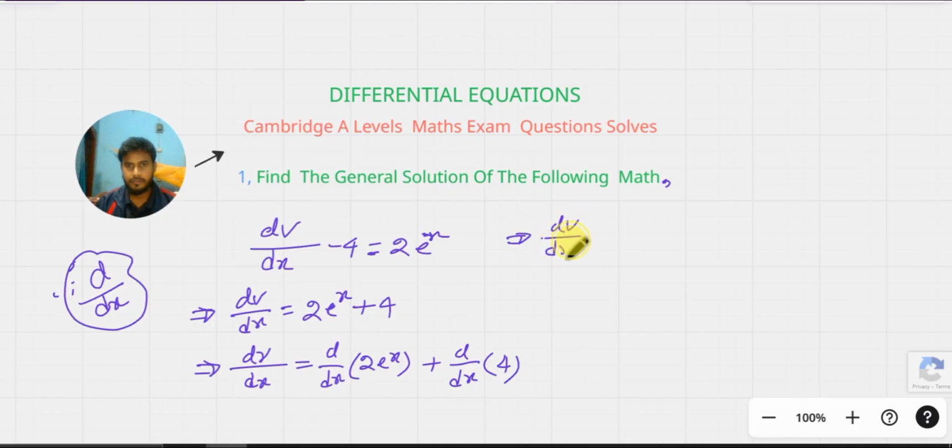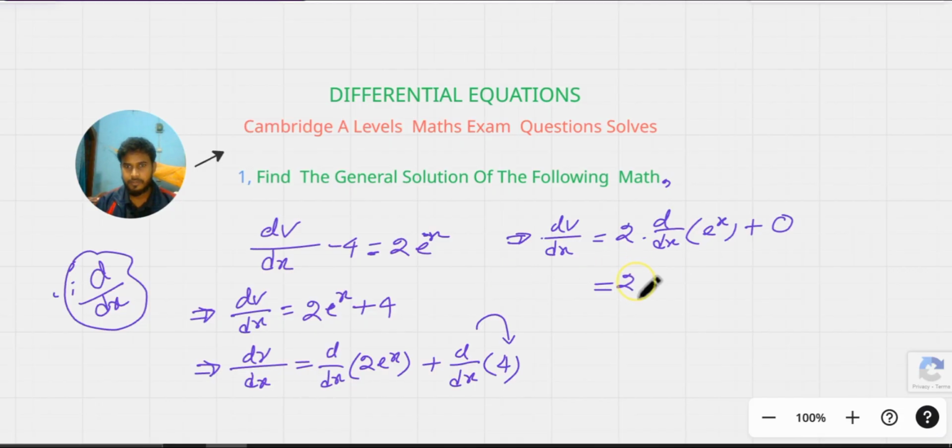dv/dx equal to, here we will get 2, and the differential operator will act on e to the power x, plus the differential operator will act on the constant number, so the result will be 0, because a constant number cannot be changed, so the result will be 0.